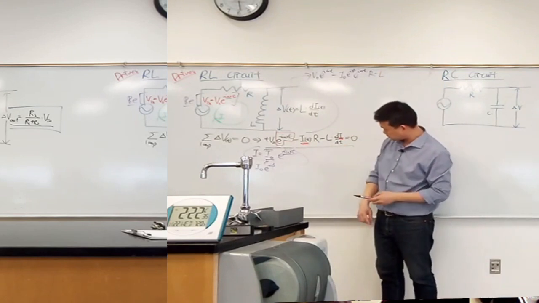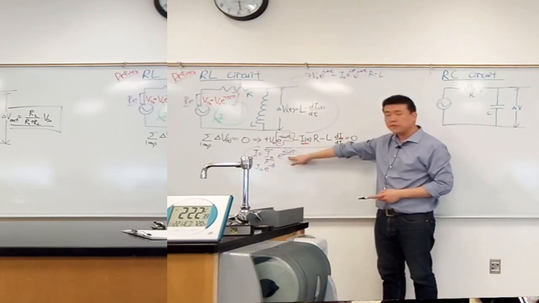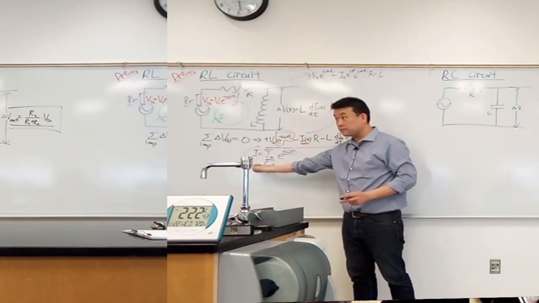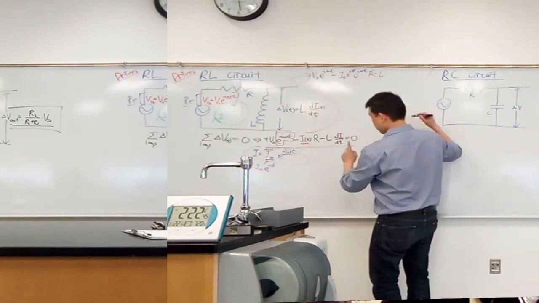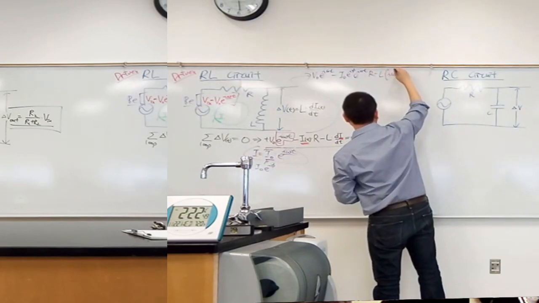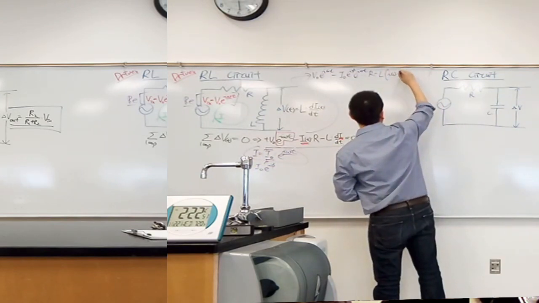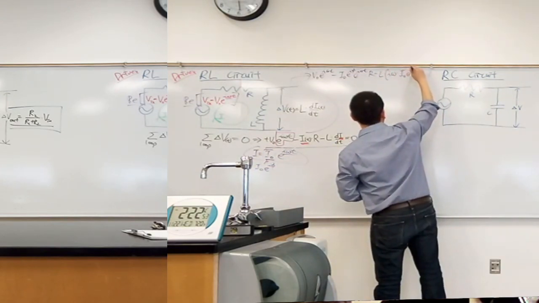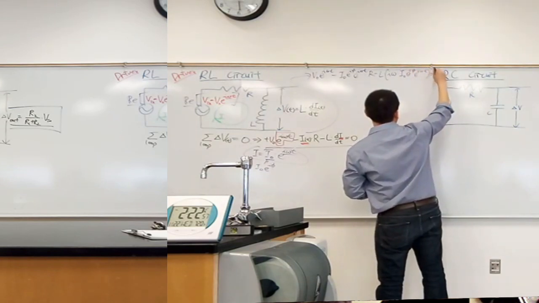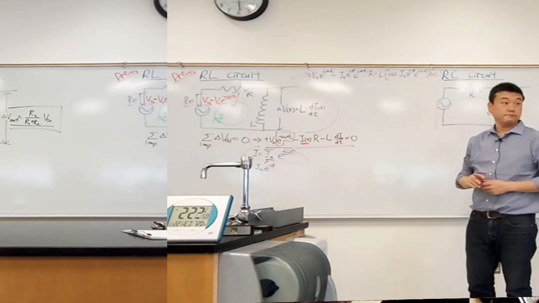Well, it's an exponential, so the derivative is simple. When I take the derivative, a factor of I omega comes down. So it's minus L times I omega times I naught e to the I phi e to the I omega t, is equal to 0. Good?